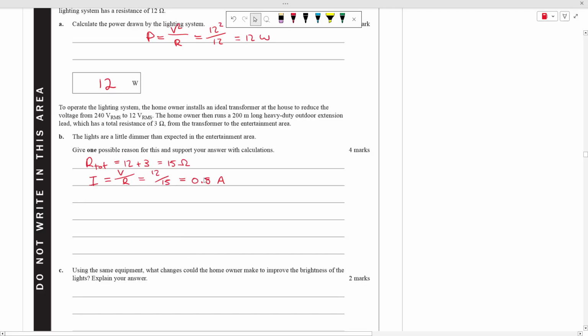So that's the current in this part of the system, and now I know the current going through the lights. What is the voltage being used up by the lights? The voltage of the lights is just the current through them times their resistance, which is 0.8 times 12, which is, what's that?